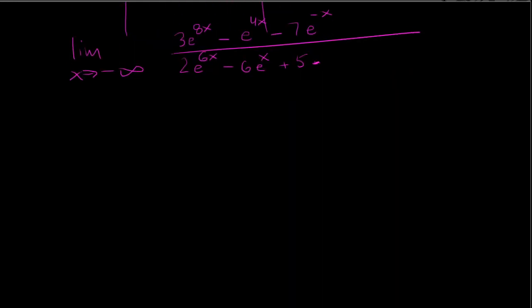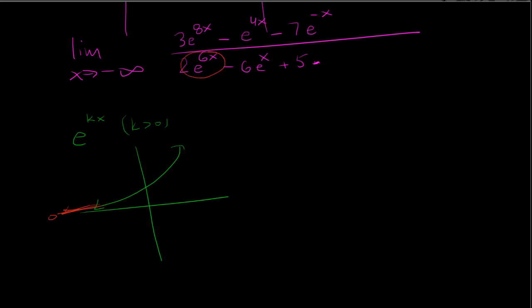Okay, and now we can plug it in. So let's say as x approaches negative infinity, if I have something that's e^(kx), where k is positive, that is going to go to 0, because we know it's going to have this form, and as you're approaching negative infinity, this thing's approaching 0.